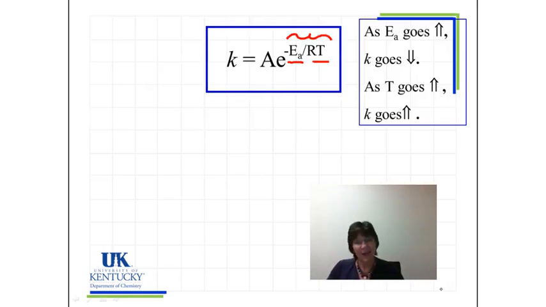Well, let's think about how that makes sense with what we know about what's happening on the molecular level. We've got a certain mountain to climb. As temperature's going up, we've got more molecules that have enough energy to get over that mountain. If there's more molecules that have enough energy to get over that mountain, wouldn't the reaction take place at a faster speed, therefore have a larger K value?